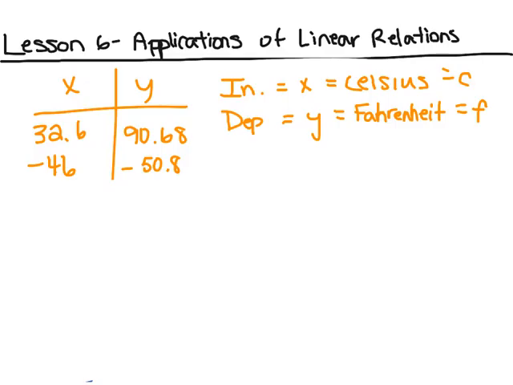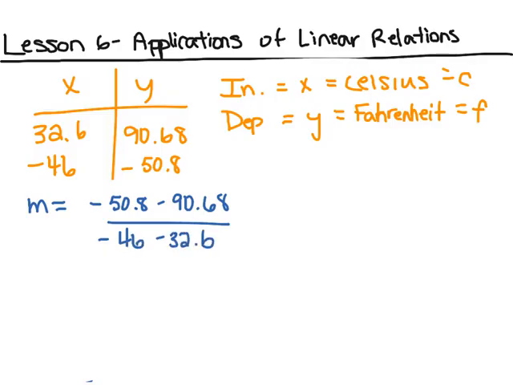We're going to use this information to find an equation for our line. So we have to find our slope: negative 50.8 minus 90.68 over negative 46 minus 32.6. If you simplify this, you get negative 141.48 over negative 78.6, and dividing those two numbers, you get 1.8.